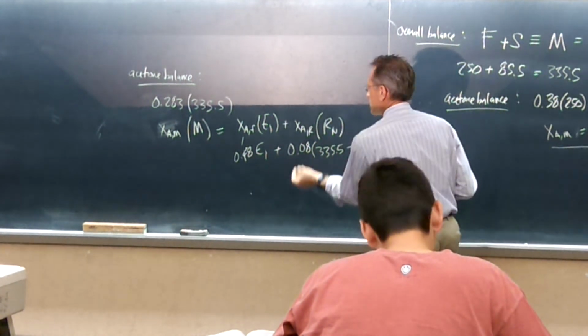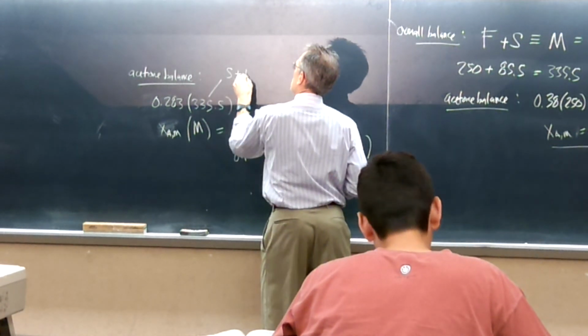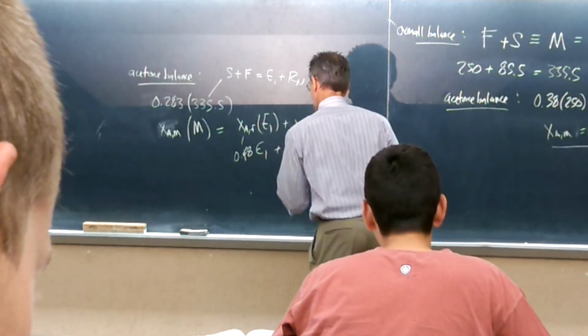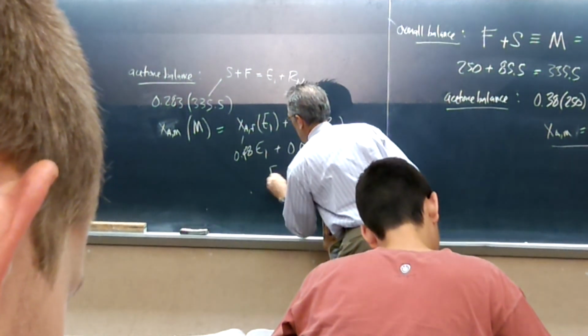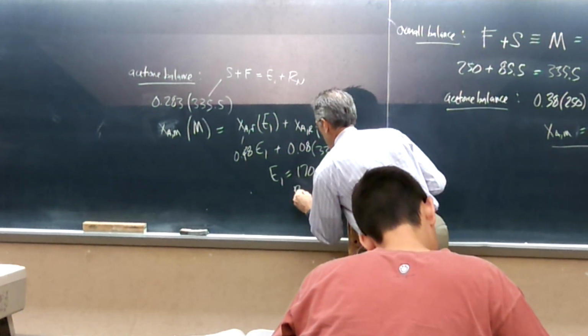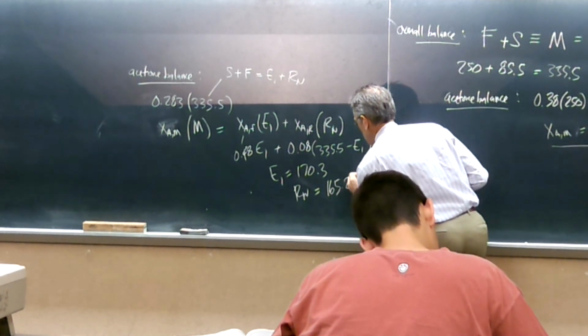And then Rn is 335.5 minus E1. This is S plus F equals E1 plus R. And then we solve and we get E1 equals 70.3, and Rn equals 165.2 kilograms.